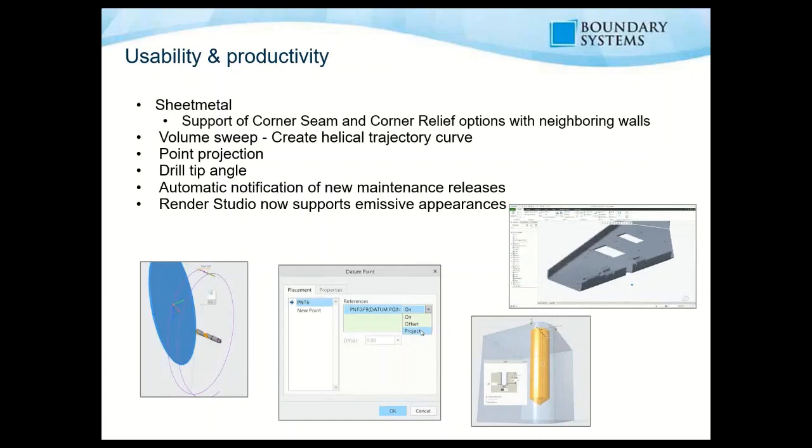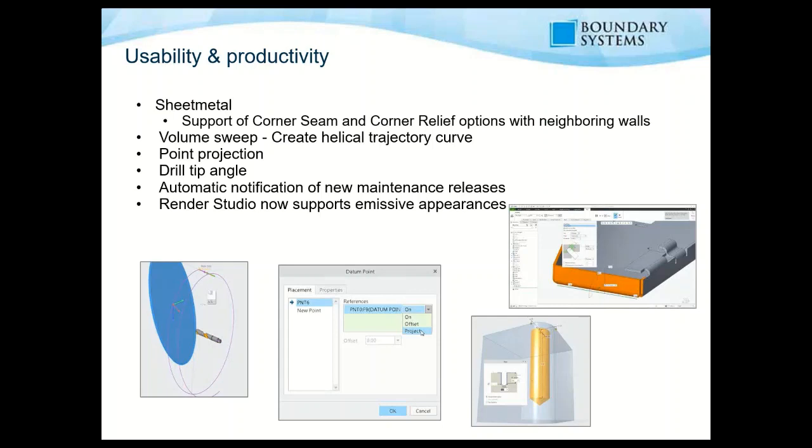Then some nice new product enhancements. On the sheet metal side, there's support for corner, corner seam and corner relief options with neighboring walls. As you do your sheet metal design parts now, it will look at the neighbor walls and make the reliefs according to that.